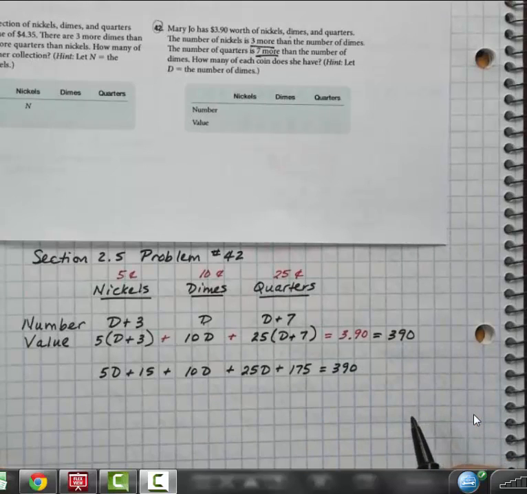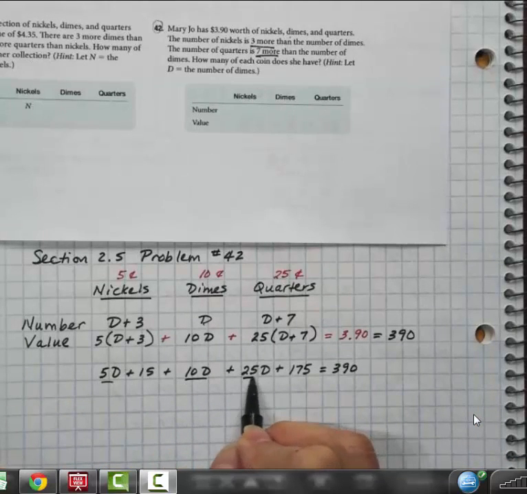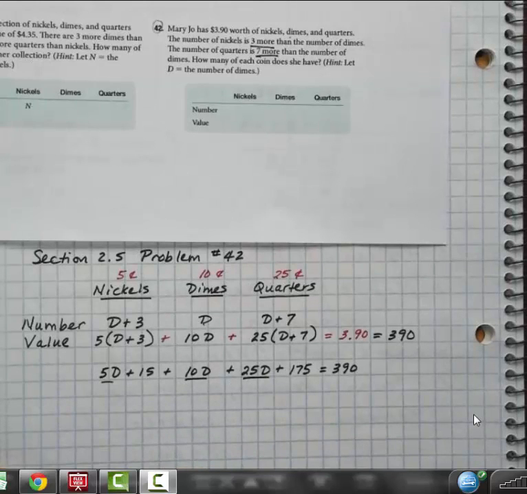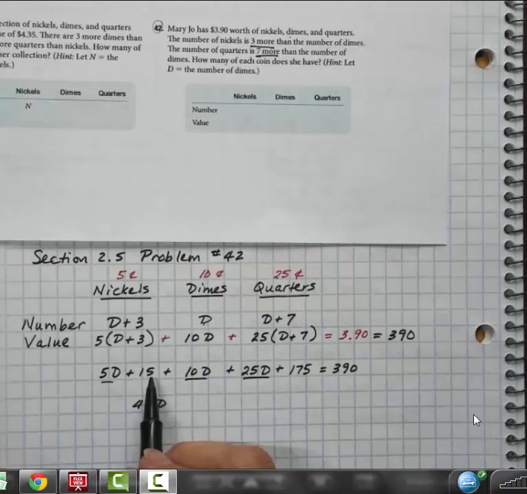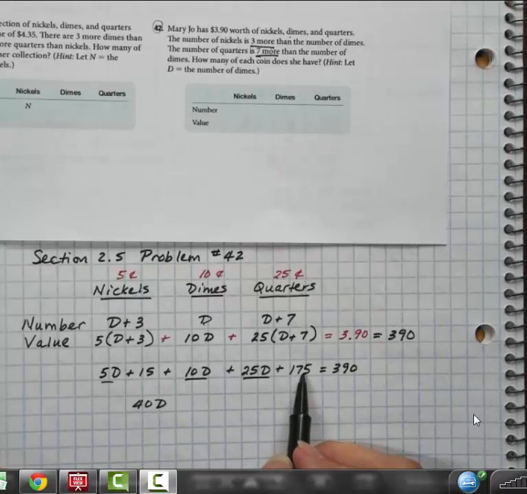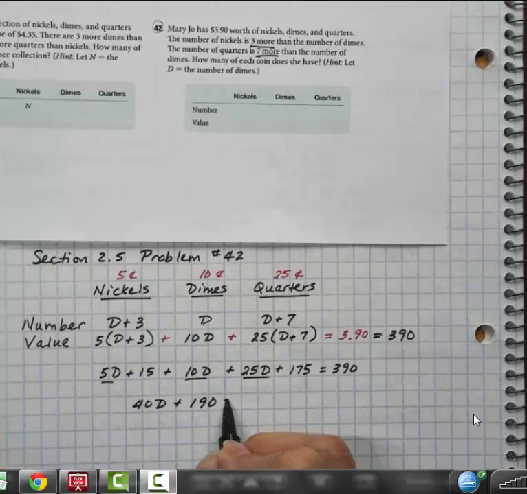Now combine like terms. We have a 5D, a 10D, and a 25D. Looks like we have 40D. And then add up your constant terms, 15 plus 175. Then you end up with 190 equals 390.